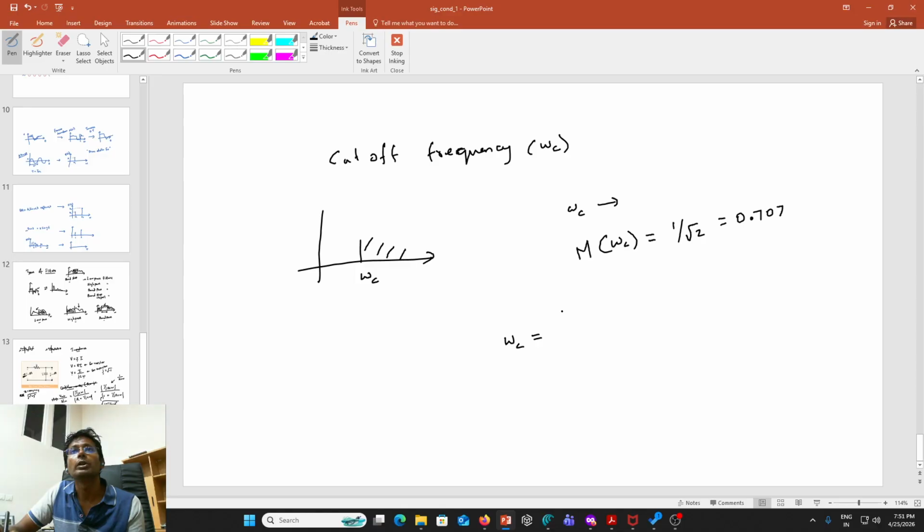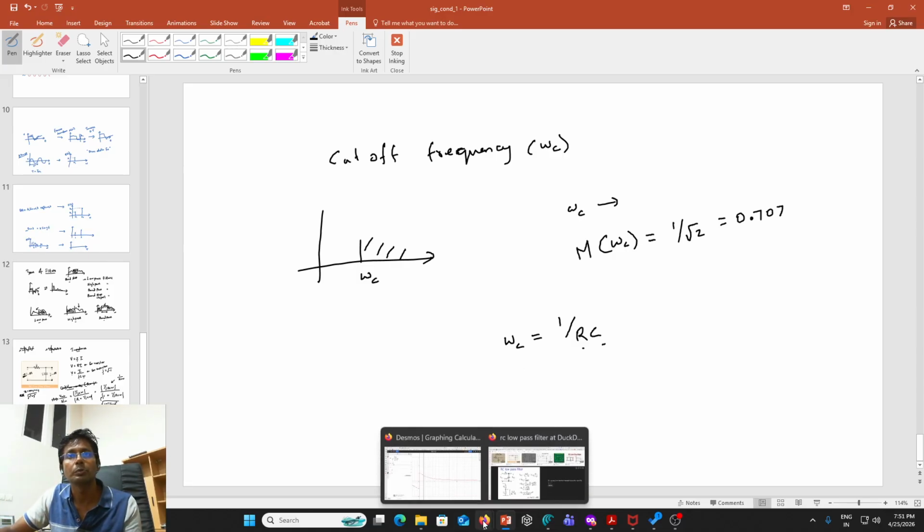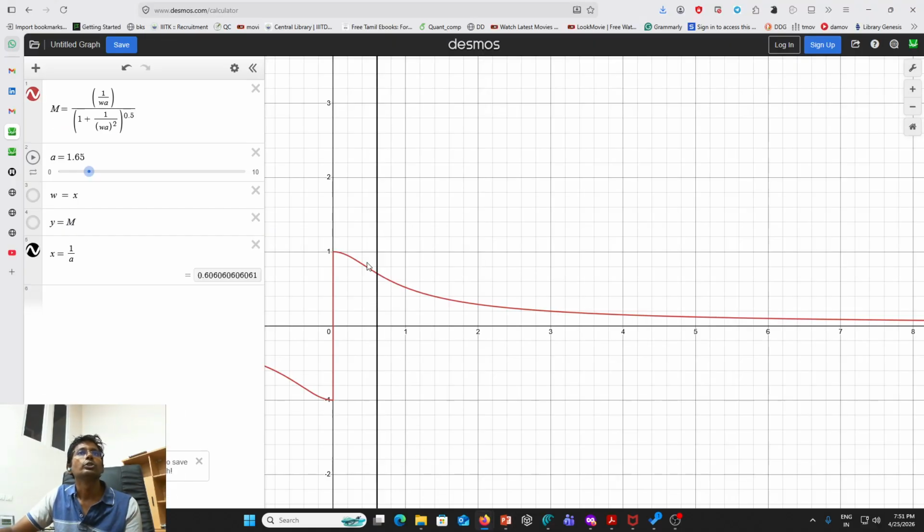This omega c is nothing but 1 by R into C. So you need to choose your R and C such that 1 by RC is the cutoff frequency. Let's check that in the Desmos plot. Now I have drawn this line.